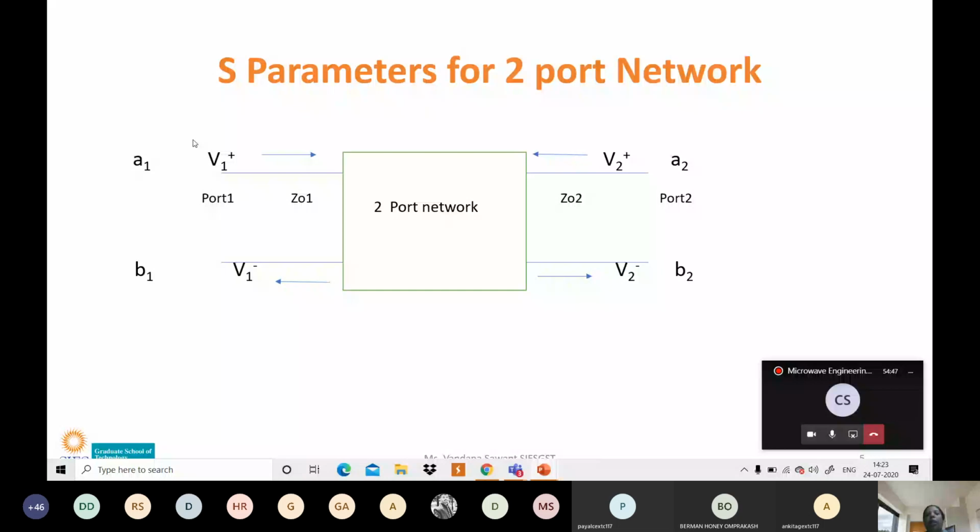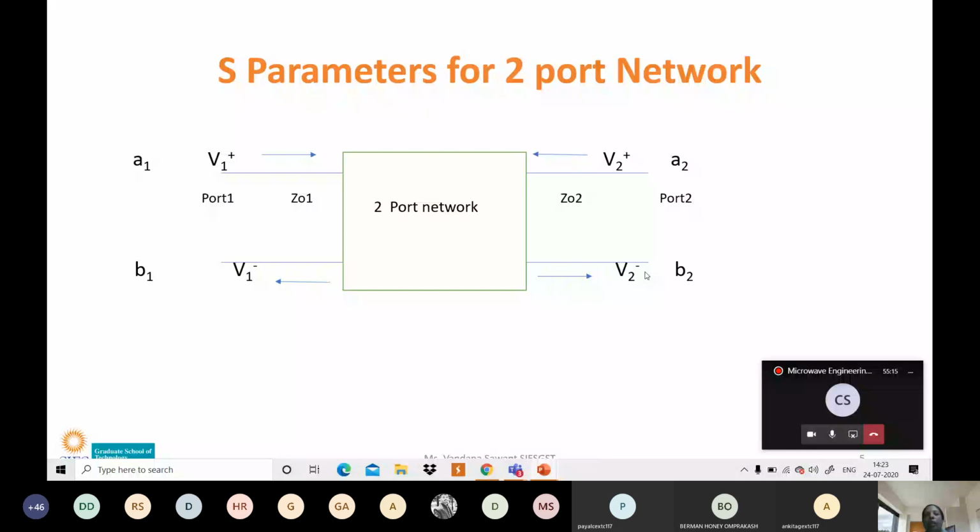The incident signal at port number 1 is V1 plus and the back reflected signal at port number 1 is V1 minus. The incident signal at port number 2 is V2 plus and the back reflected signal at port number 2 is V2 minus.